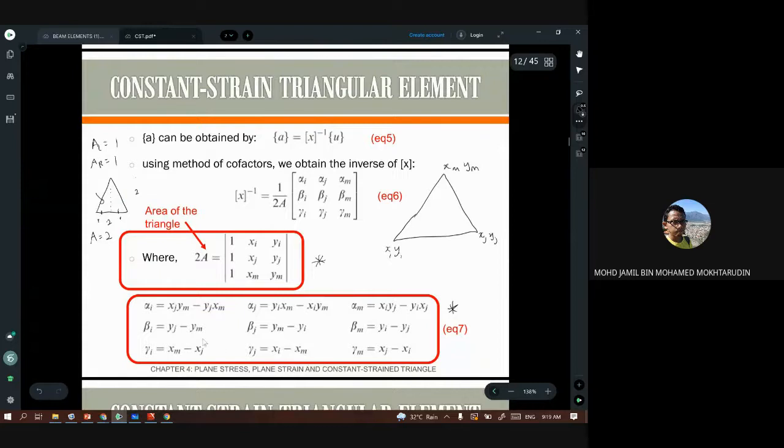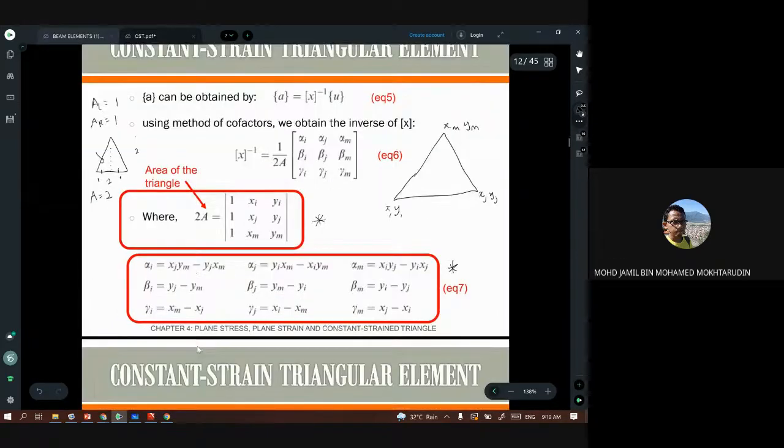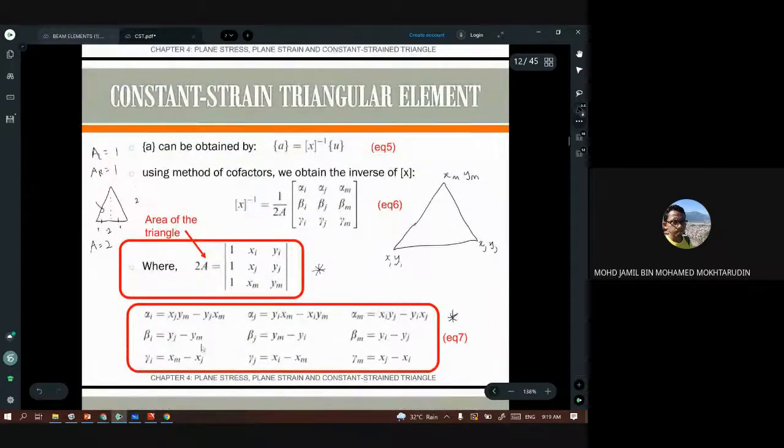If you remember only one, I think you can remember the rest. Beta I is j minus m, gamma I is m minus j. So beta represents y, gamma represents x. Tak tahulah macam mana, tapi exam kan online, so you can just refer to the lecture notes. So yj minus ym, xm minus xj.